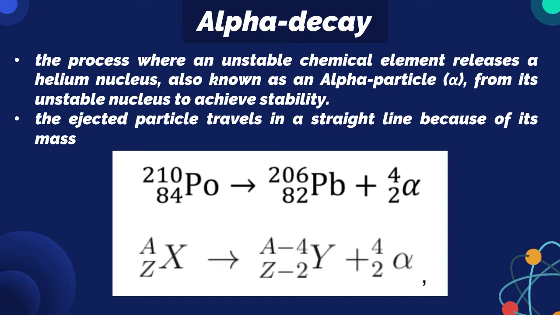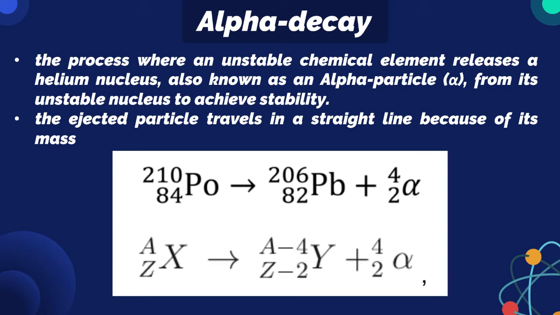Just for example, on this illustration, we have here polonium 210. From that polonium 210, it will undergo alpha decay, therefore it will release what we call an alpha particle. Now, as you can see, nung nag-release siya ng alpha particle, mababawasan ngayon ang number ng kanyang protons at neutrons.